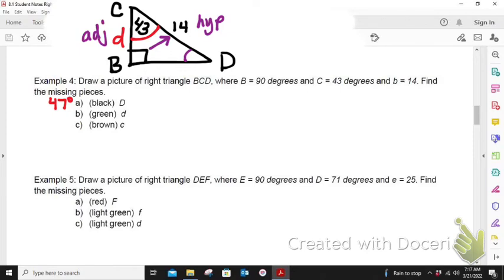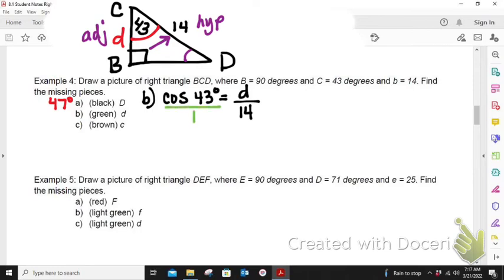So that's cosine. So for part B, cosine of 43 degrees equals adjacent over hypotenuse. So I always make it a proportion.